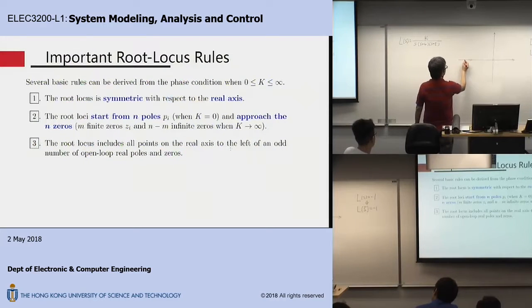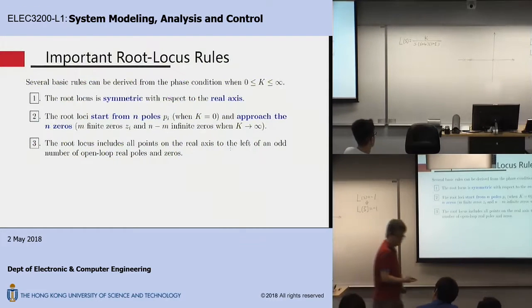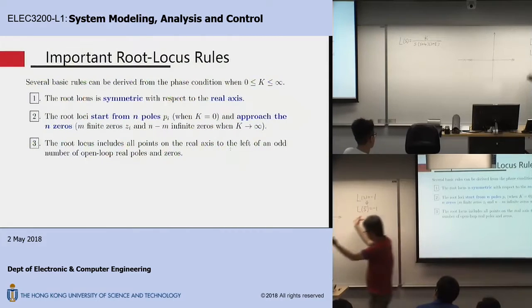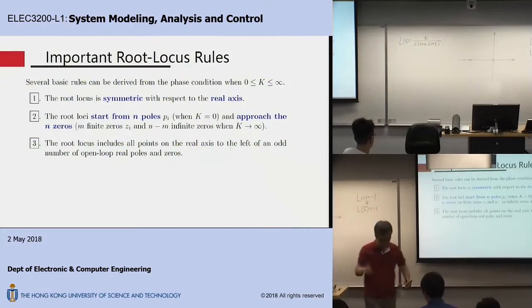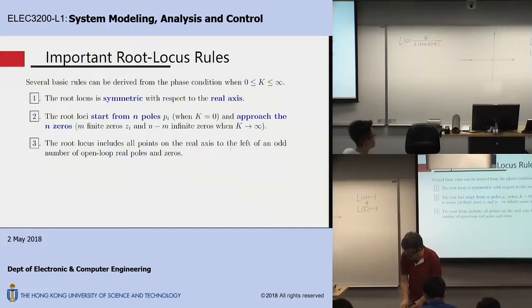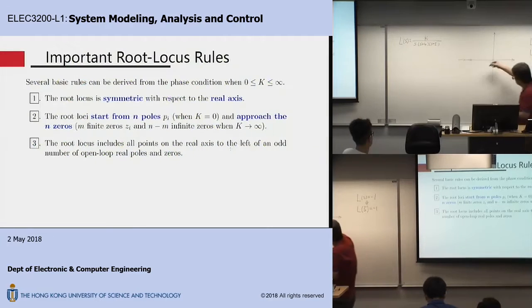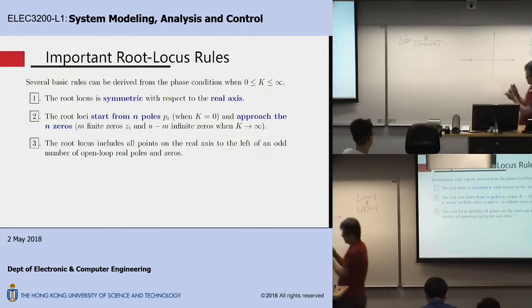We have a pole at -5. We have 3 poles. Okay? So 3 poles, no zero. So there's no need to mark zero. If there is a zero, we usually use a little circle to mark it somewhere. But in the case of no zero, okay?